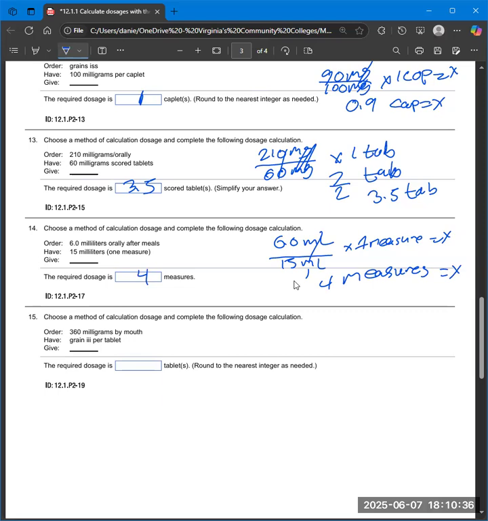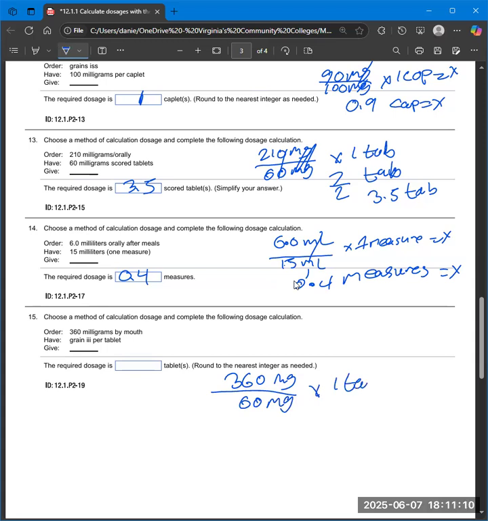Four tenths of a measure. Because this is 6.0. If it was 15 into 60, it would be 4, but it's 15 into 6, so it's 0.4. And then we have 360 milligrams, and then a grain per tablet, so that's 60 milligrams.